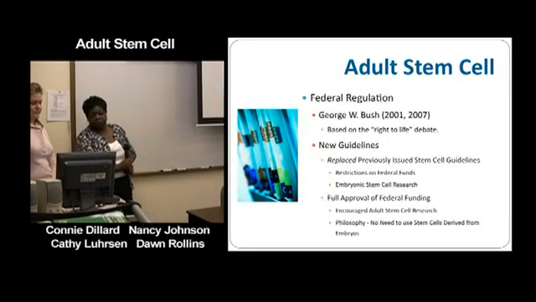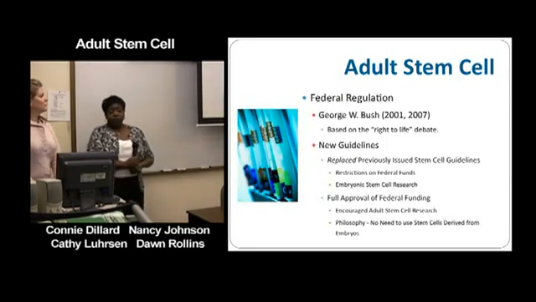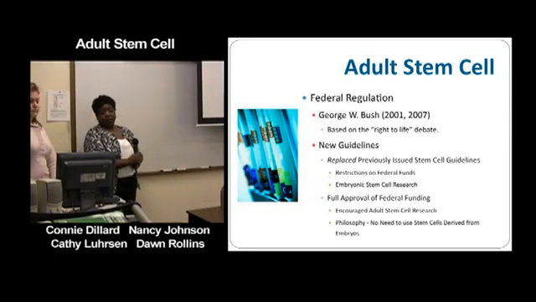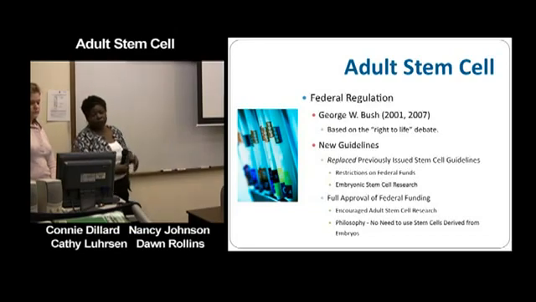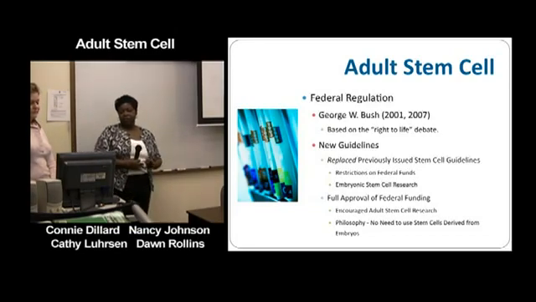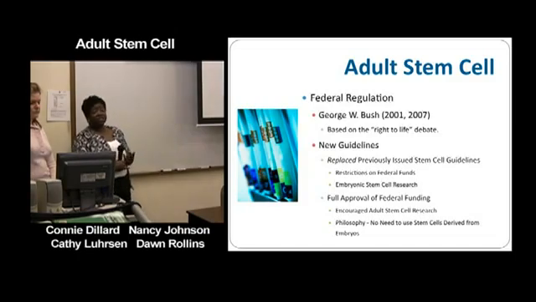When George Bush took office in 2000, that whole situation was reversed because he was of the Republican Party, and they are of the right to life. They believe in preserving life, and they believe that an embryo is life and shouldn't be destroyed. So he replaced all of Clinton's regulations, and he basically restricted any funds for new lines of embryonic stem cells.